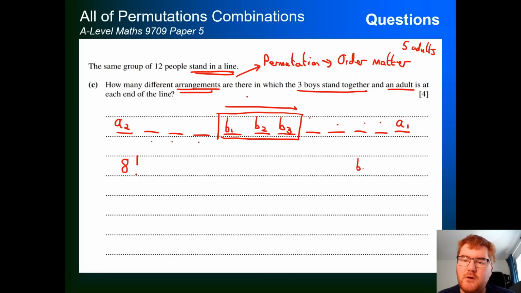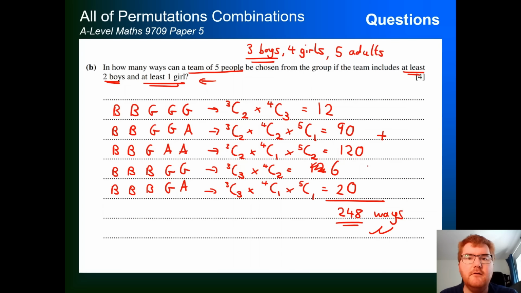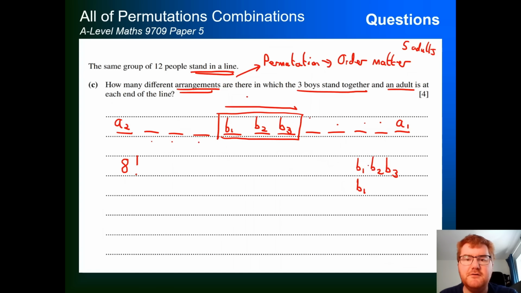So if we take B1, B2, and B3, how many different combinations of that do we have? Well, we could work it out on the calculator. We can also work it out here. We've got 3 boys in total. So how many different permutations can we have? We have B1, B3, B2.